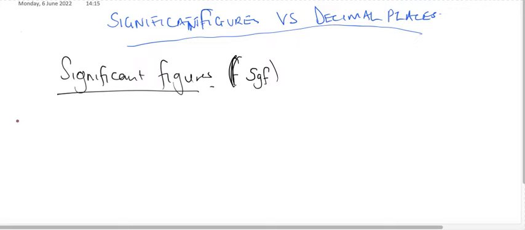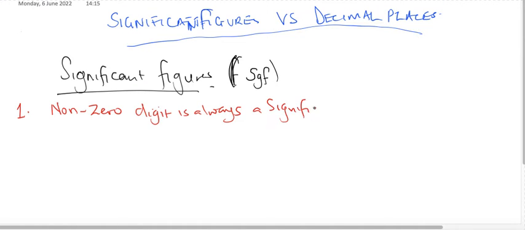Rule number one is that a non-zero digit is always a significant figure. So any digit that is not zero is counted.